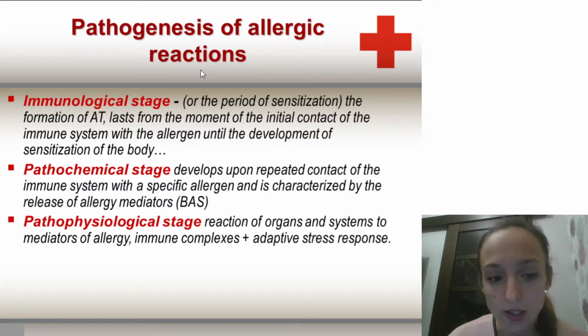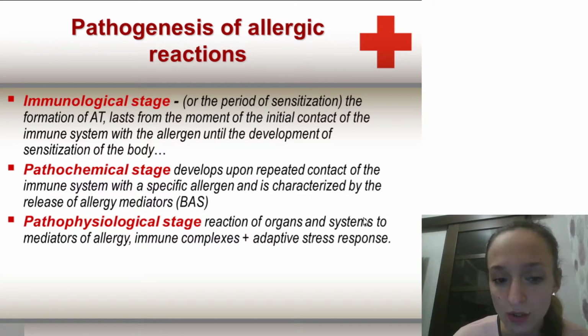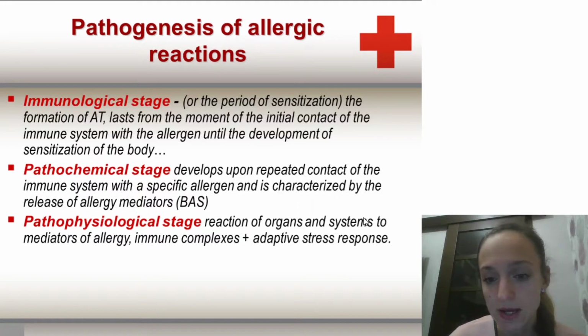The next is the pathophysiological stage, the reaction of organs and systems to different mediators of allergy and immune complexes, and adaptive stress response.